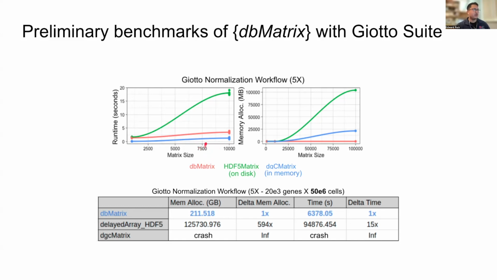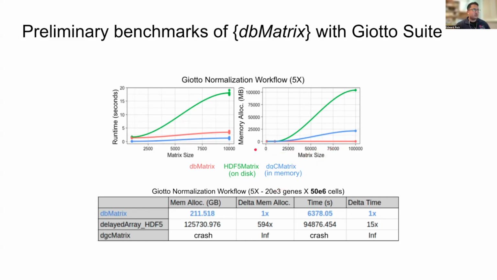We can see that we're not quite as fast as dgCMatrix, which is still the fastest when you have the ability to work on in-memory matrices, but we're significantly faster compared to HDF5 Matrix. On the right, we're comparing just the memory allocation. Generally speaking, we've seen that DB Matrix is able to scale significantly better than HDF5 Matrix and dgCMatrix when it comes to the amount of memory used.